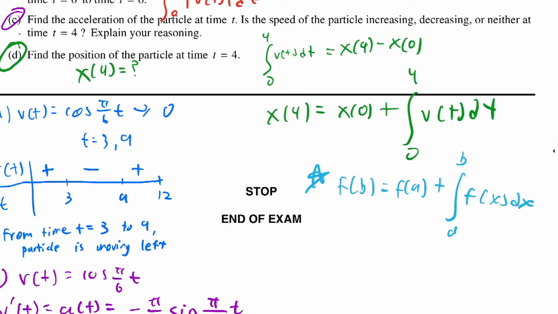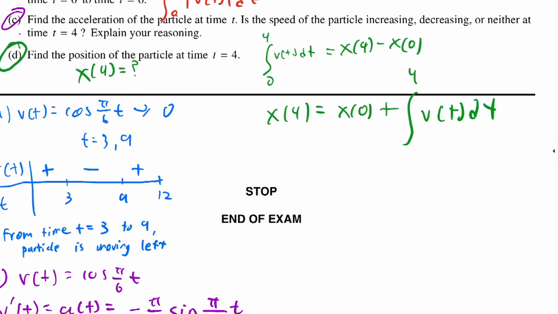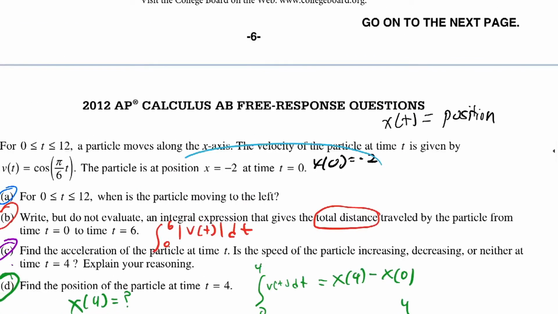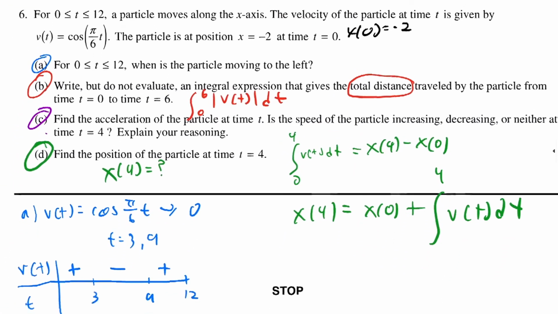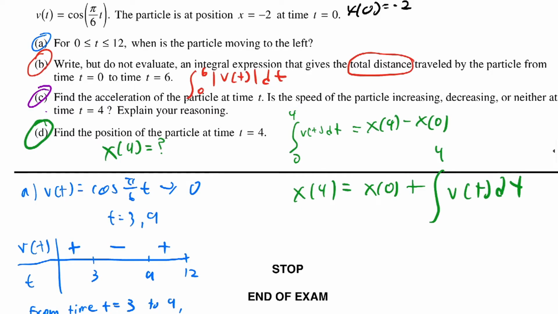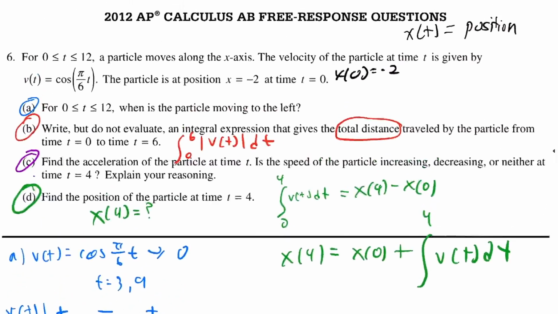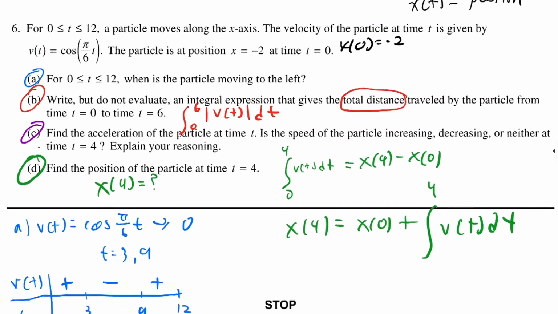And remember, they gave you an initial condition for a reason. If the AP gives you something like this, you're going to need to use it. So let's solve this. We know up here that x of 0 is negative 2.